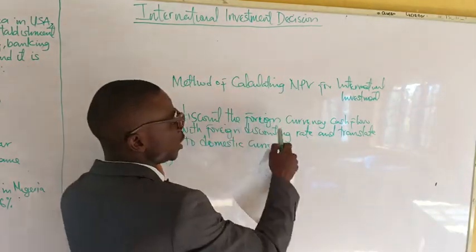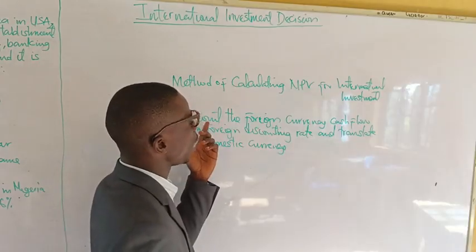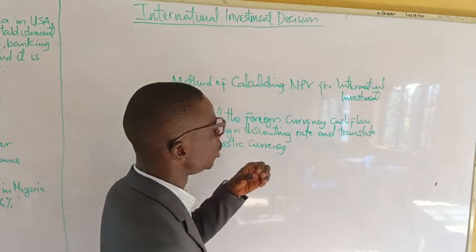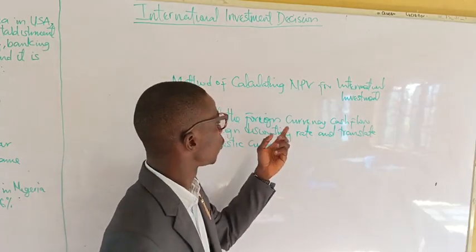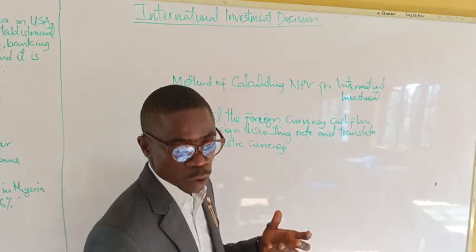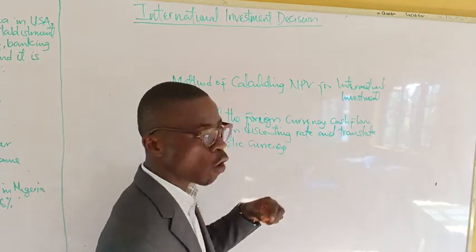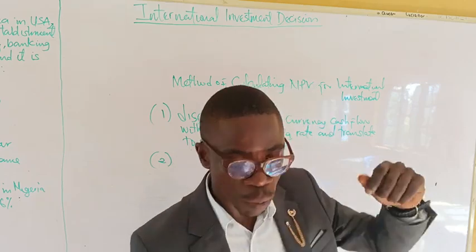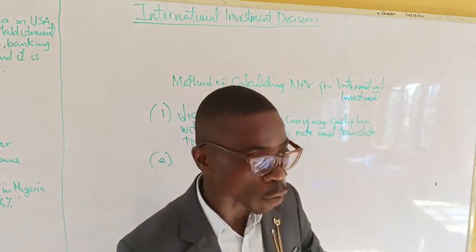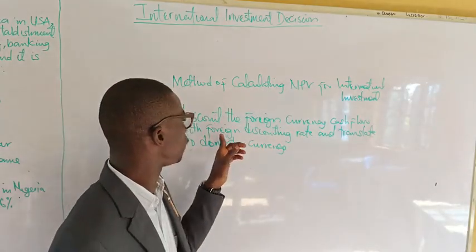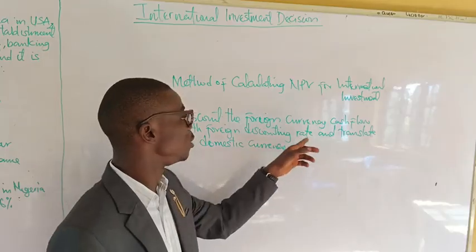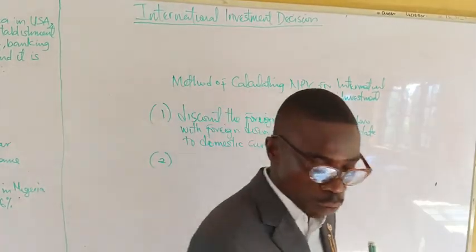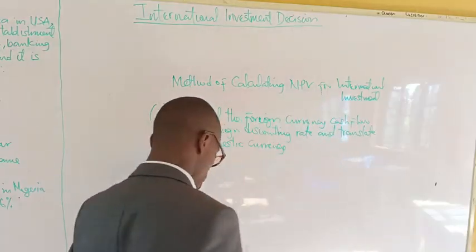You discount, that means you calculate the discounting cash flow of the investment using the discounting rate of the country where you have invested. They will give you the discounting rate for both the domestic country and the foreign country, but we are using the foreign discounting rate. After you have calculated it, you now translate it to the domestic currency. Don't worry, when we solve the calculation, you will see what I'm saying.